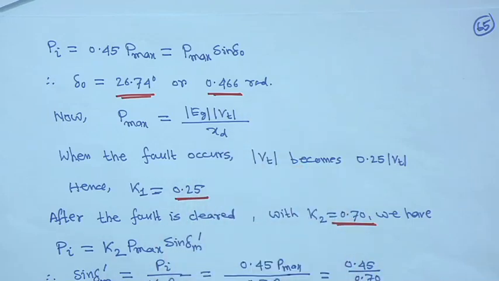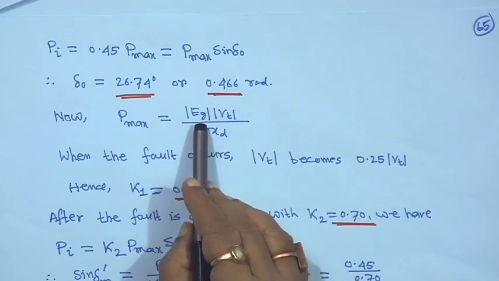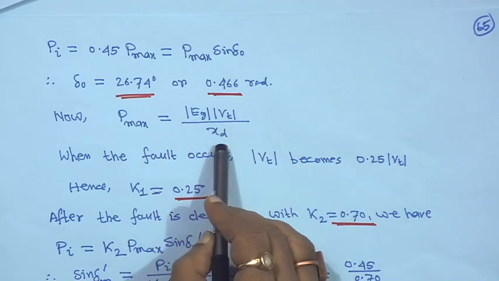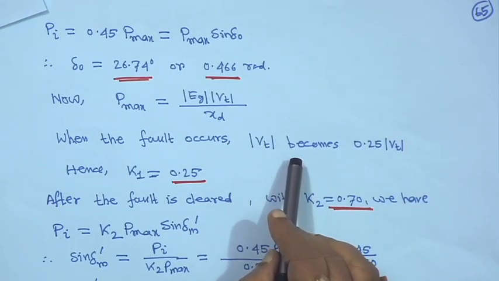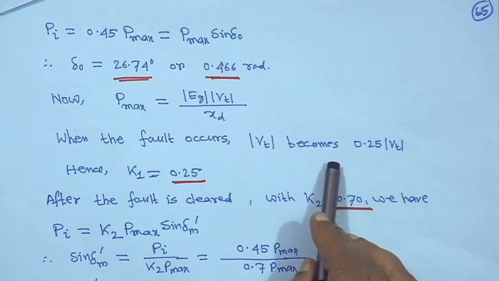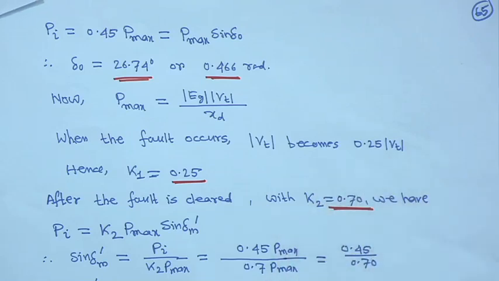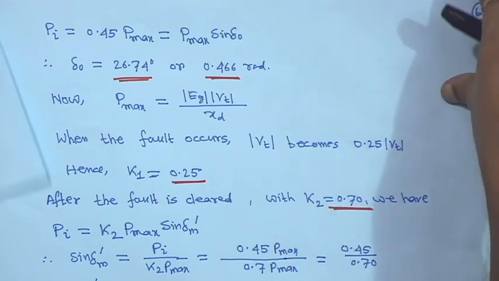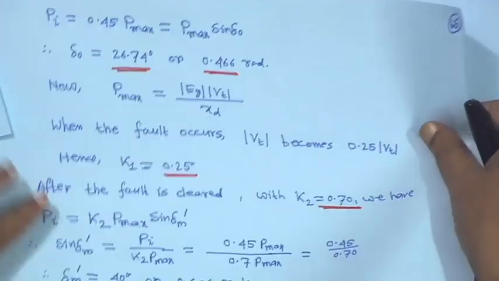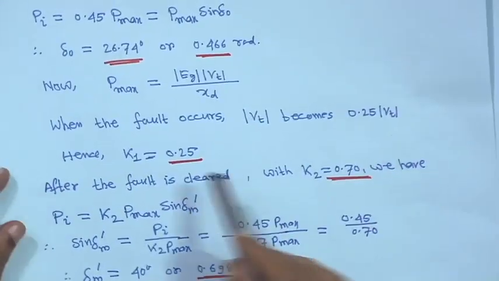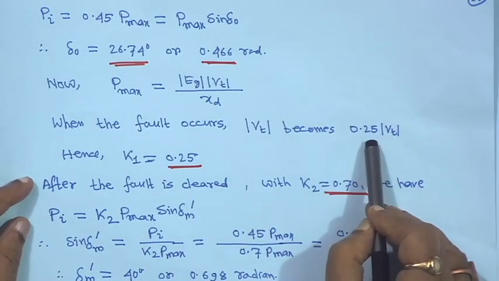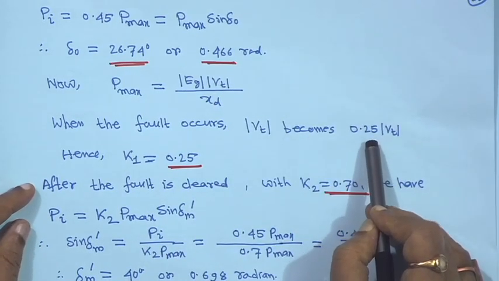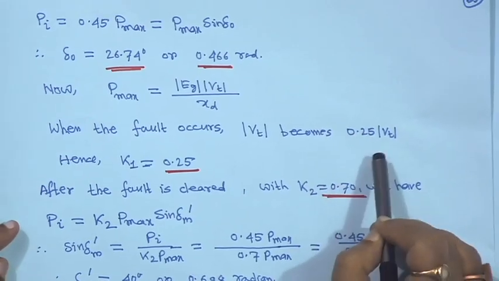Now, P max is equal to the magnitude of E g into V t upon x d. When the fault occurs, as given in the problem, V t becomes 0.25 V t. So K1 will be 0.25, because everything else remains the same. Power comes down to 25% of its original value.